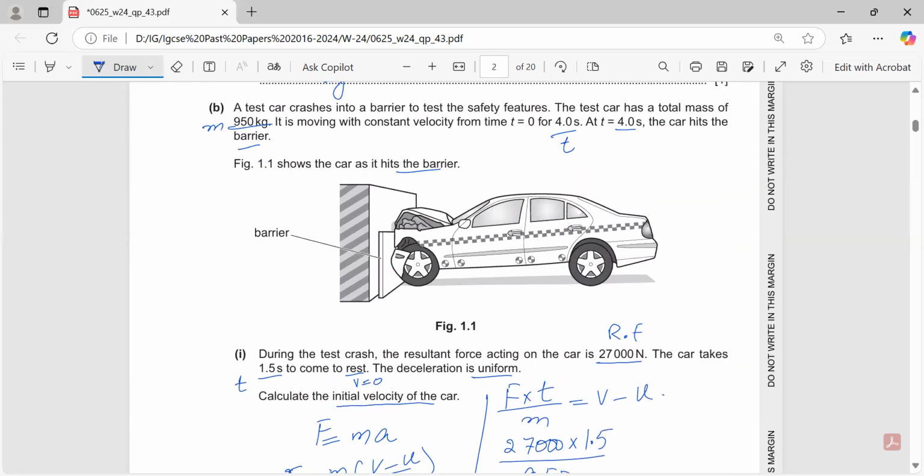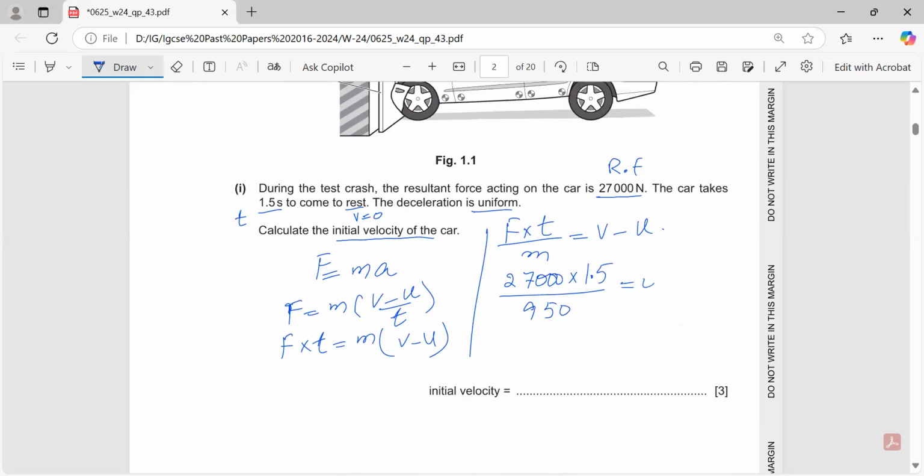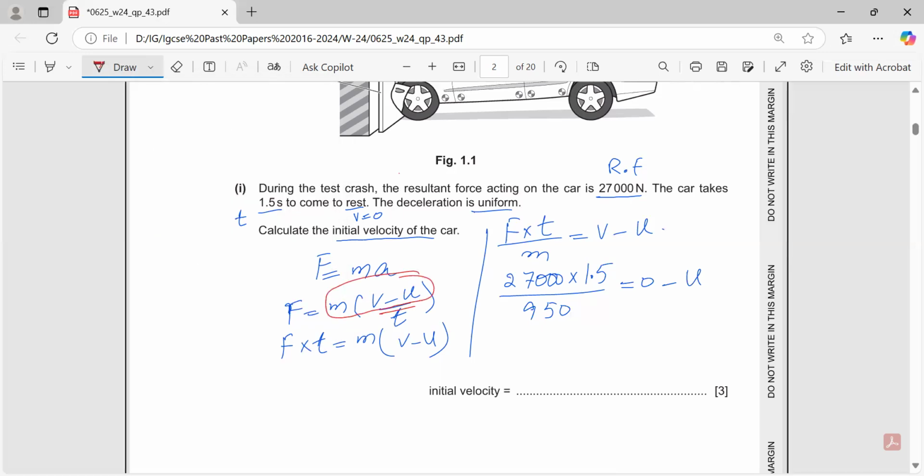V is equal to 0 minus u, and we will just use it as negative, but remember there is a change in momentum, mv minus mu, and change in momentum is always kept positive.